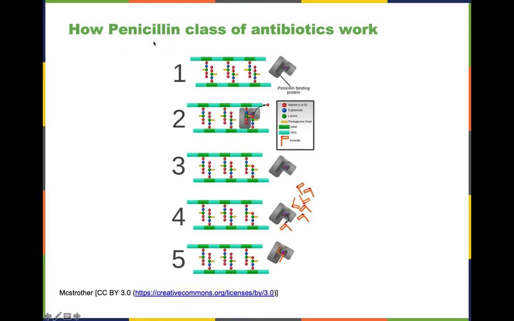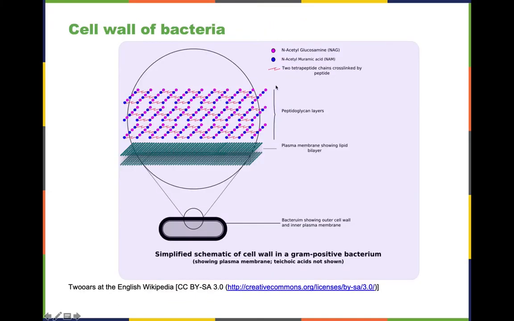Penicillin basically prevents growth of bacteria. It kills them by disrupting this peptidoglycan cell wall. So let's see how that happens. Normally you have these rows of peptidoglycans, as you see here.